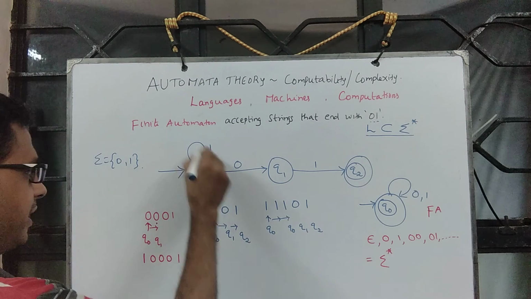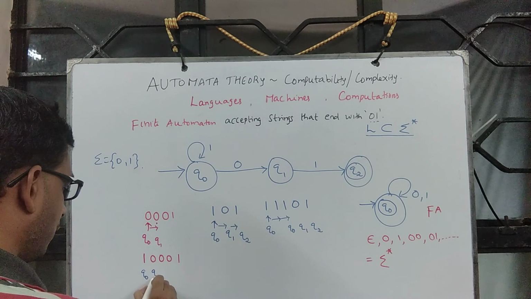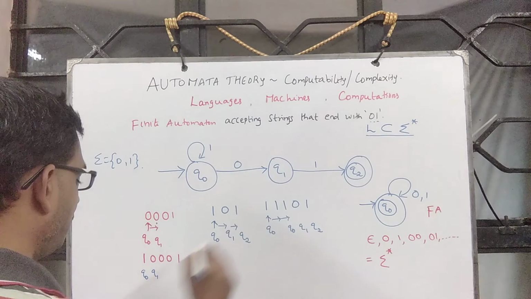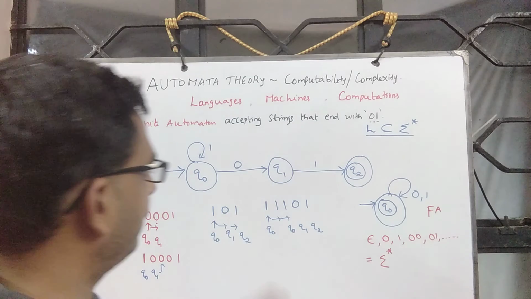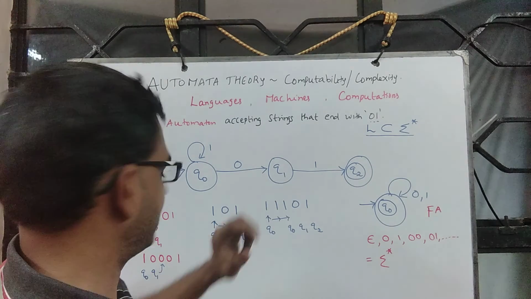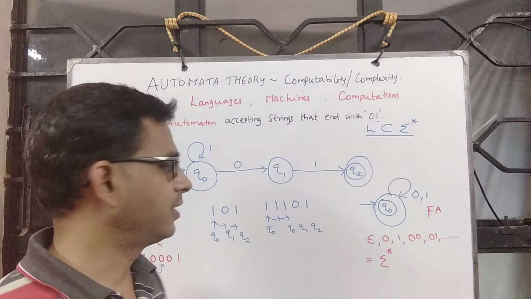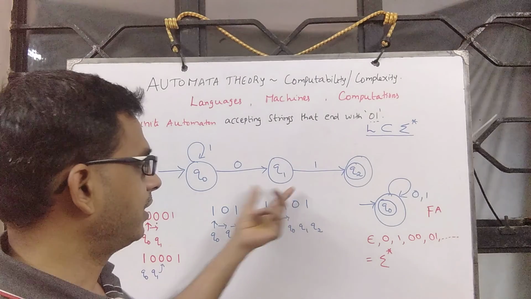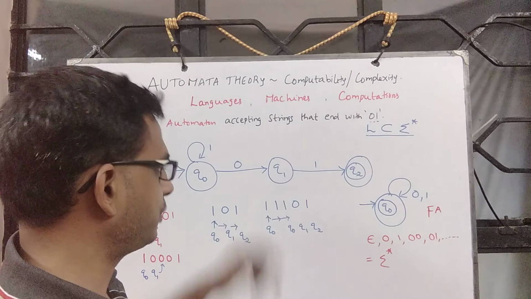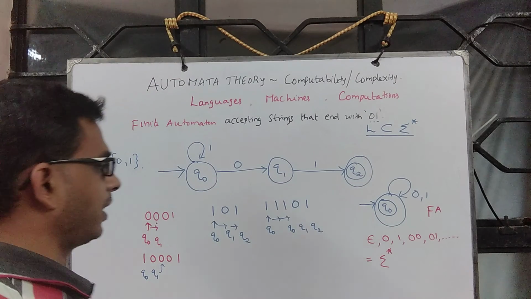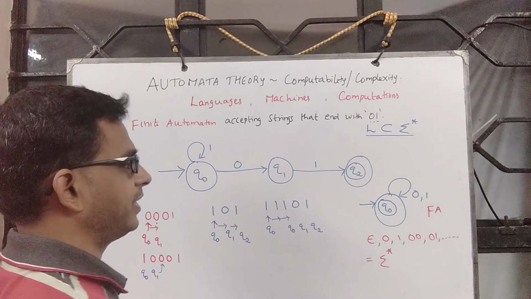For the first one, you are at Q0, then you read a 0, you go to Q1, then you are at Q1, you are seeing a 0, and we do not know what to do next, because Q1 on 0 has no transition. Unless we define a transition, the machine does not know what to do next. So now some transition has to be defined on this. We have to define it in such a way that this question is ultimately answered.